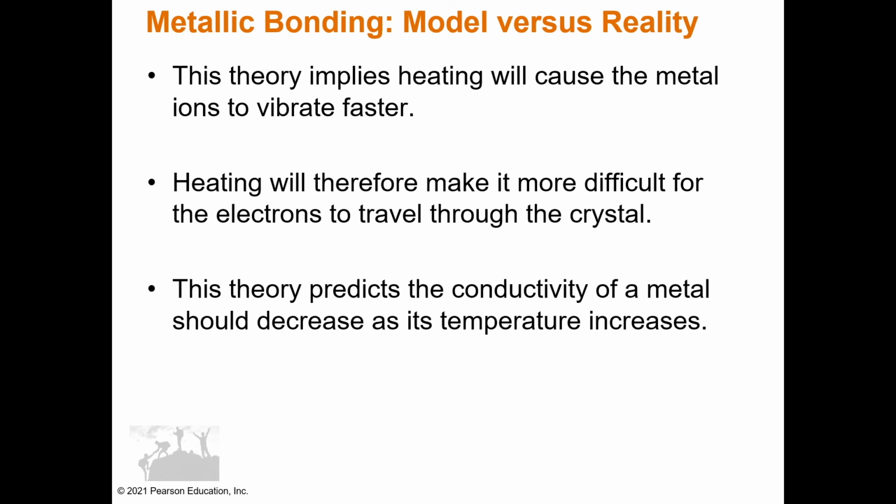Remember that heating up a substance causes the molecules in that substance to move and vibrate faster. So when a piece of metal is being heated, the metal cations are going to vibrate more and vibrate faster. Because of that, it's going to be really hard for the electrons to wiggle through that metal piece. So as the metal is being heated, electrical conductivity decreases.